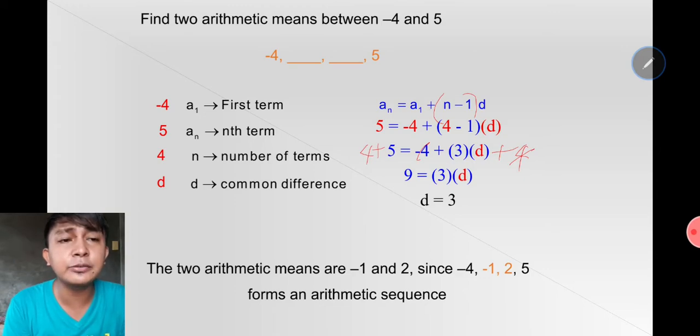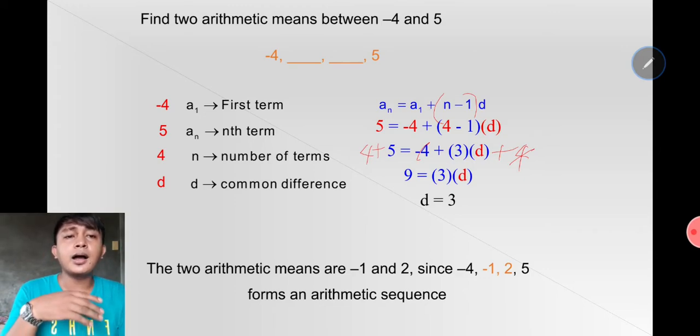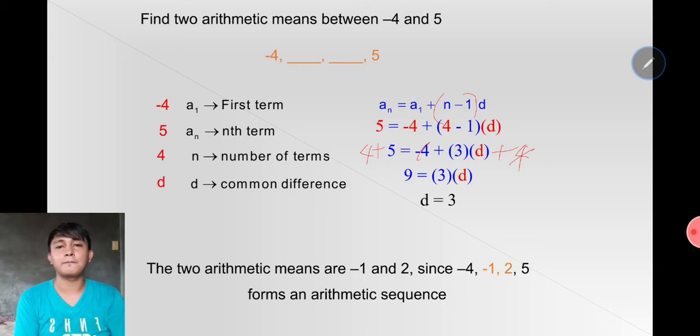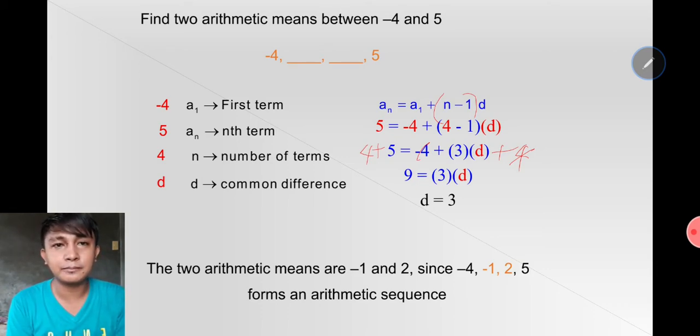So we have negative 1, and another add 3 sa negative 1, so we have 2. So the two arithmetic means are negative 1 and 2, since negative 4, negative 1, 2, and 5 form an arithmetic sequence. Naintindihan ba? Okay, go over the solution.